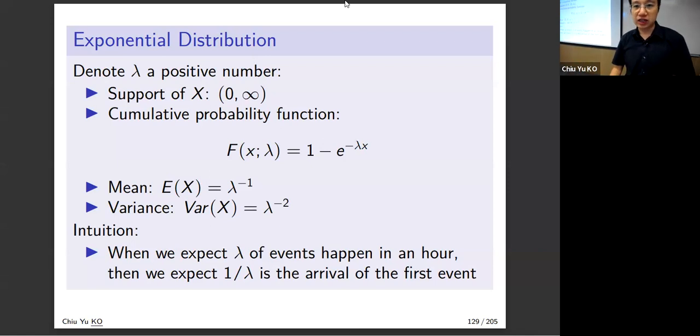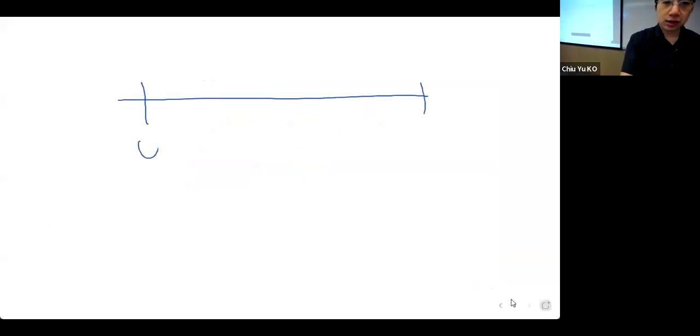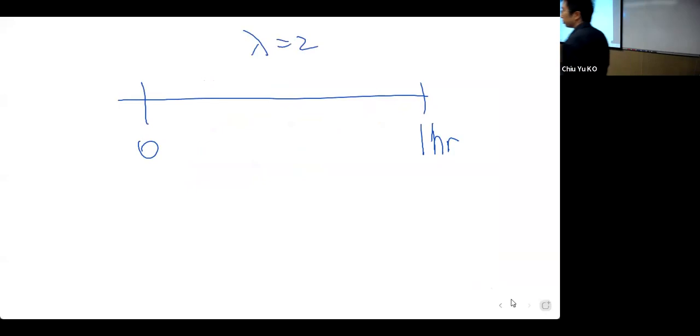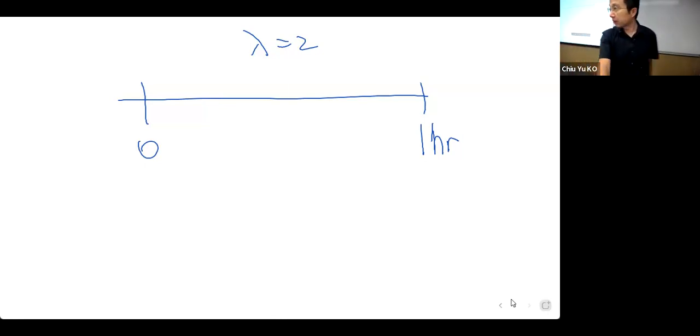Okay. Let me give you an intuitive explanation why this is 1 over lambda. So in 1 hour, lambda is 2. Suppose a Poisson with lambda 2 means on average there are 2 people coming into my store, or 2 events come out, right? On average 2 events. What does that mean? You mean on average you expect 2 outcomes, 2 people come in, right?